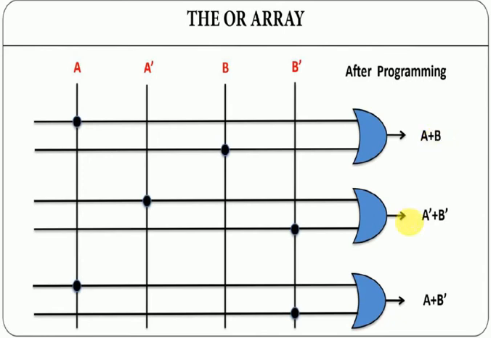Three equations are there: a plus b, a bar plus b bar, a plus b bar. Here we are putting the dot at the respective input variable.